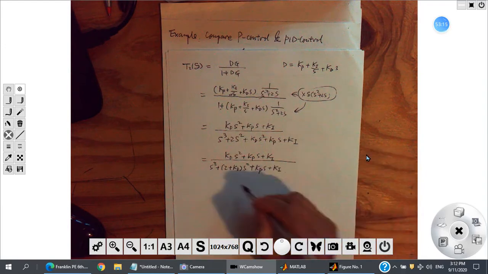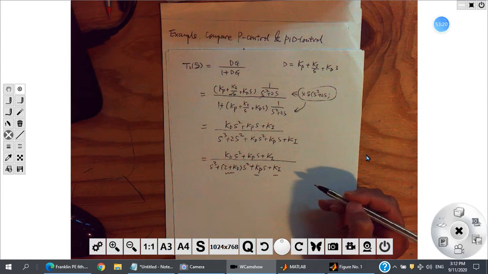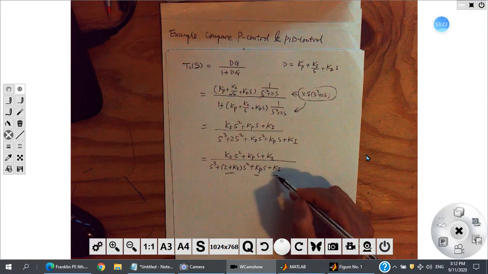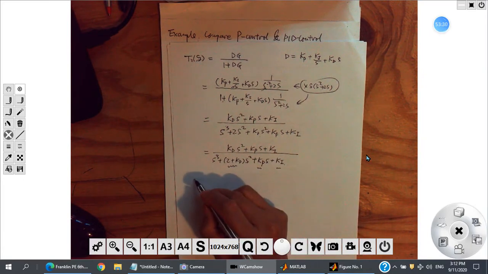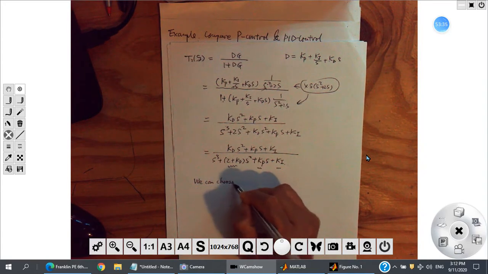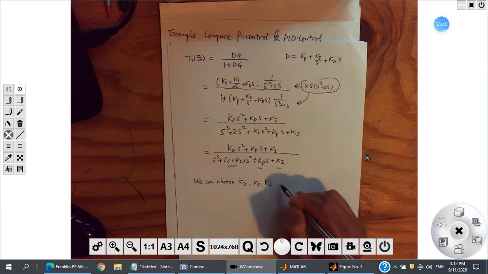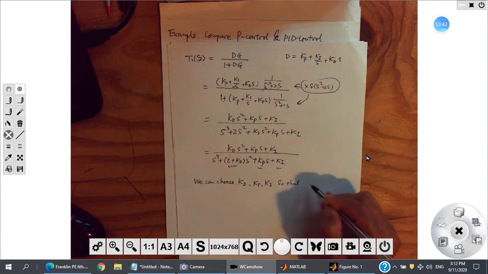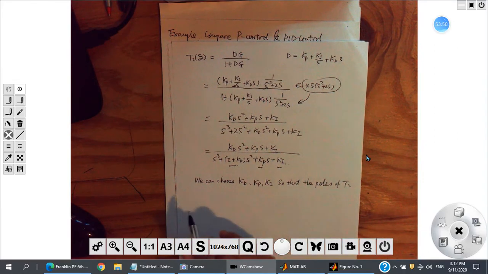Now you see the 3 parameters are located in these 3 coefficients before s squared, s, and 1. So what does that mean? That means we can choose kd, kp, ki so that the poles of T2 locate anywhere.